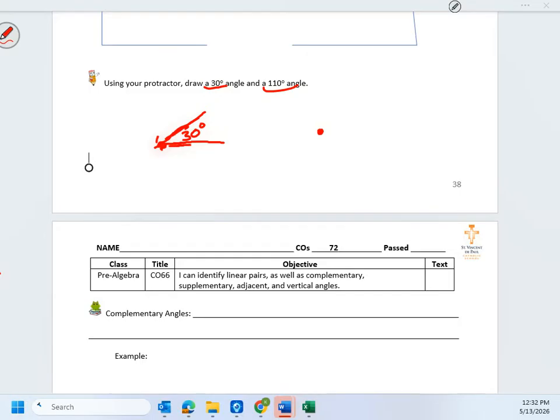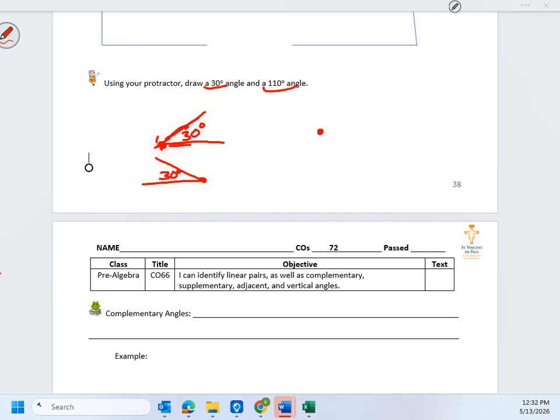Do you think it matters which direction your angle is pointing? No. I'm looking that it's 30 degrees. You could have it going either way. Should you freehand it? No. Like I just drew this, I call that freehand because I didn't use the protractor.